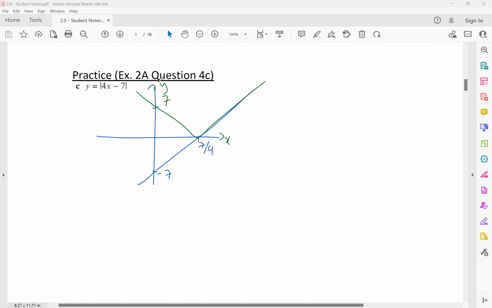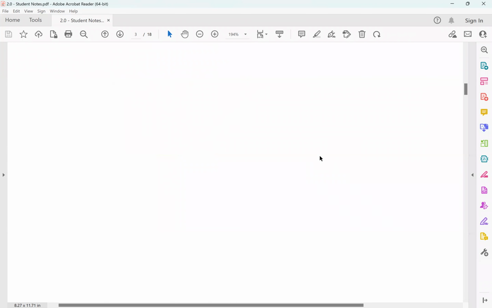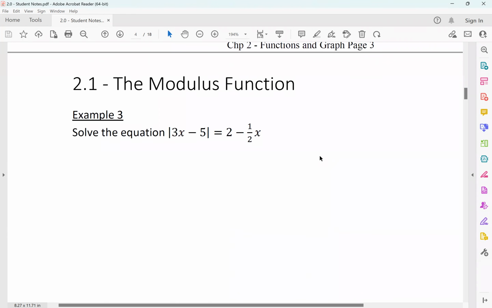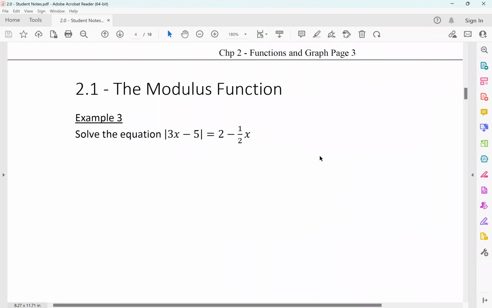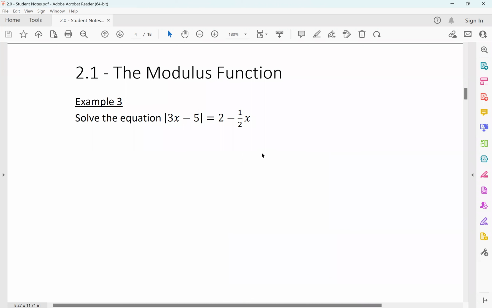Right. Example number 3. Next one, let's move on. So next page, example number 3: solve the equation modulus of 3x minus 5 equals 2 minus a half x.